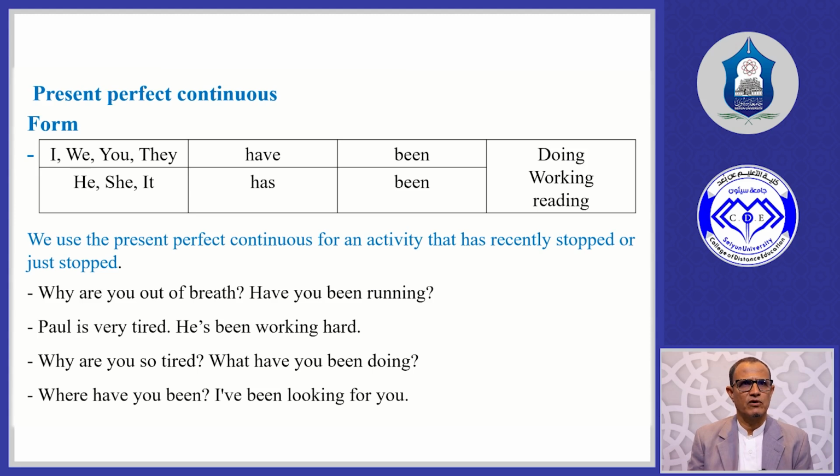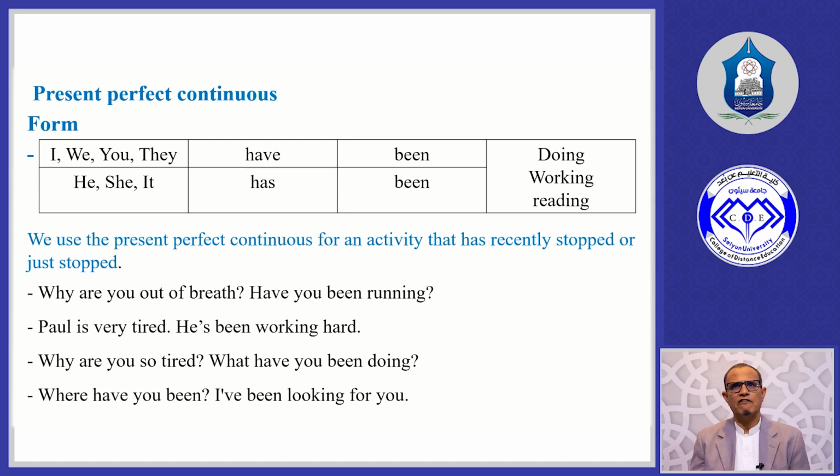You remember, the present perfect tense has have or has, followed by the past participle. But in the present perfect continuous, there should be have or has, followed by been, and then been should be followed by a verb with ing. For example, they have been doing, they have been driving, they have been working, they have been playing.